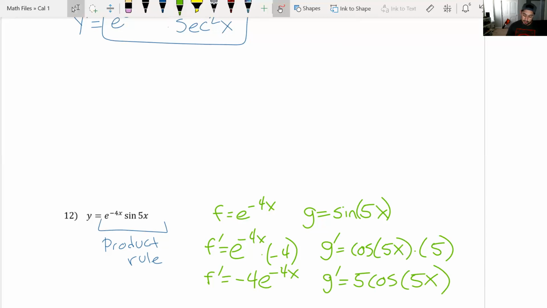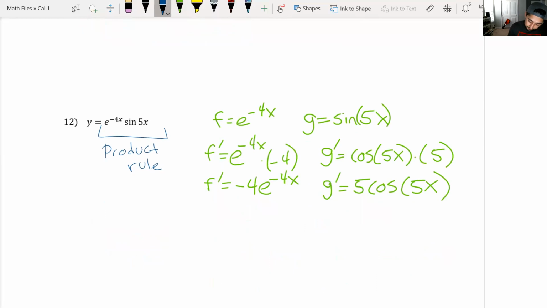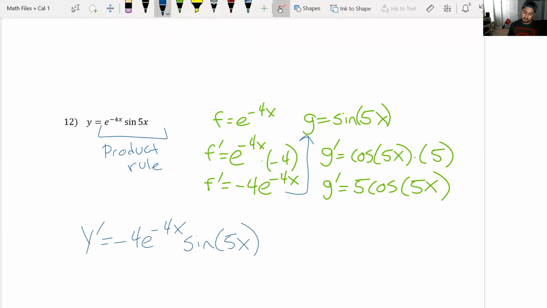And let's finish our product rule. f prime g, so y prime is negative 4 e to the negative 4x sine 5x plus g prime f, 5 cosine 5x times e to the negative 4x.